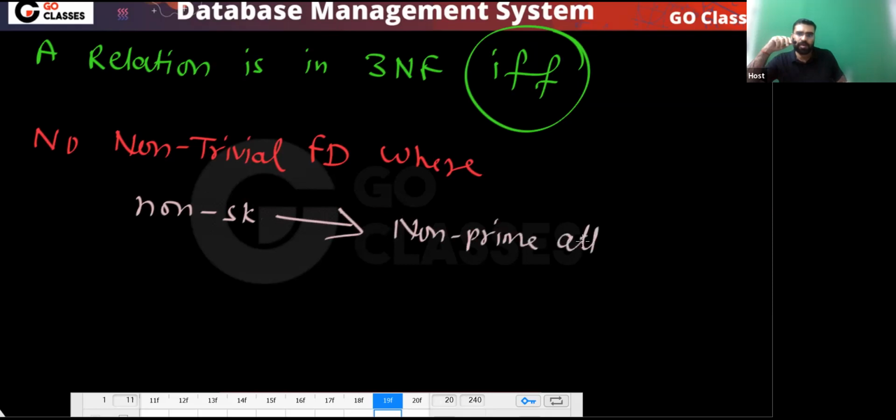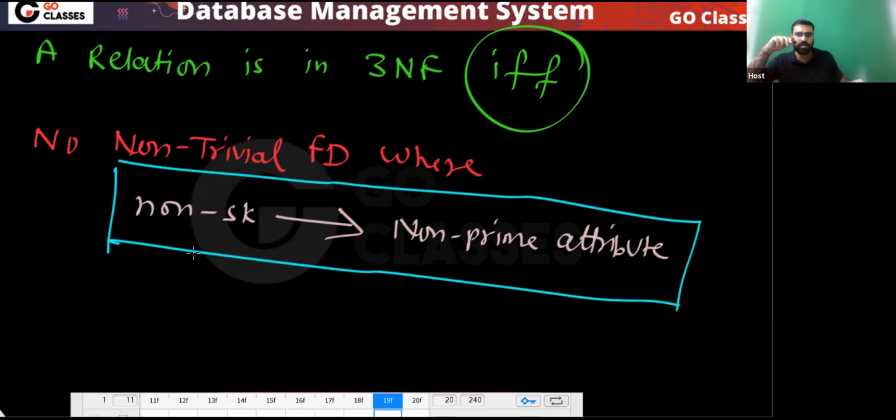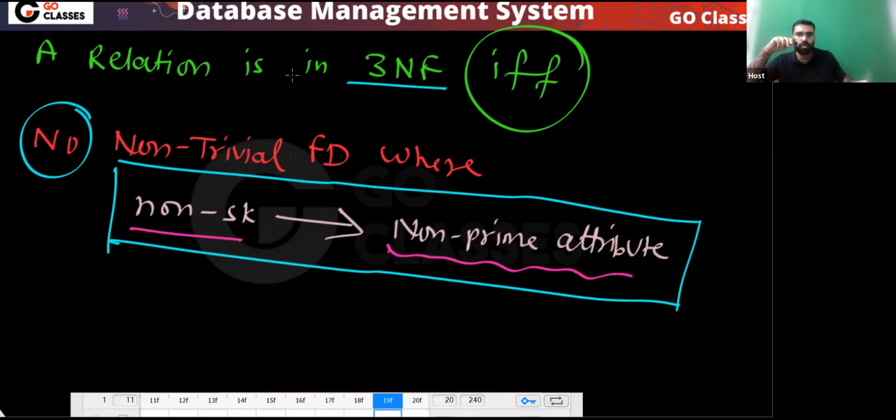This type of functional dependency should not be there. Is this clear? This is the definition of 3NF, right? There should be no such non-trivial FD.